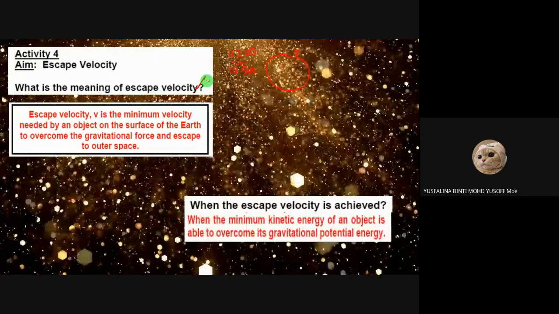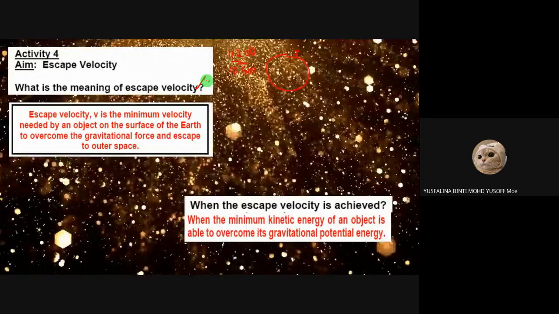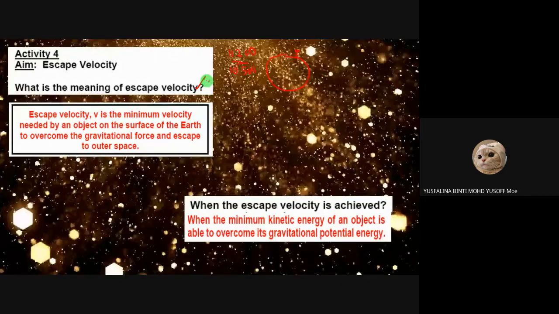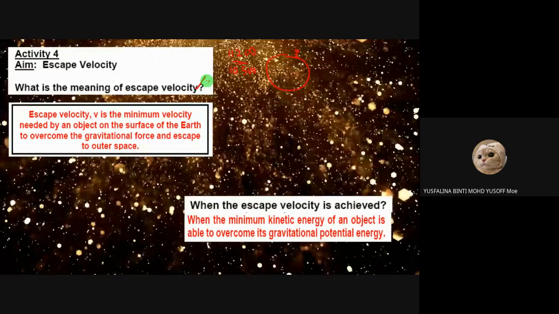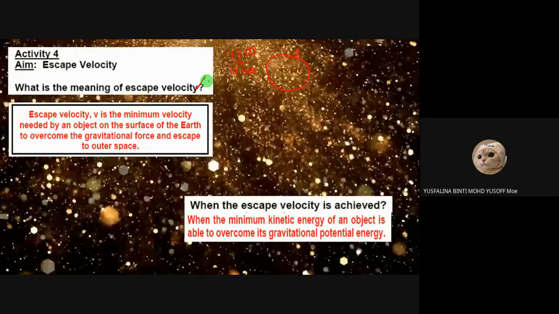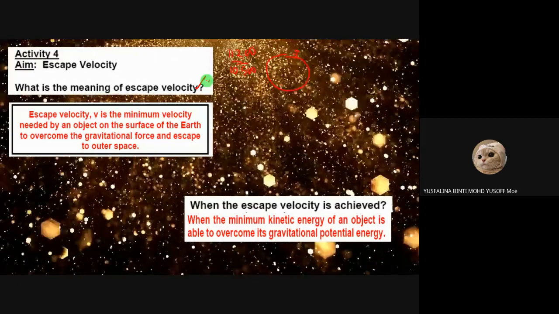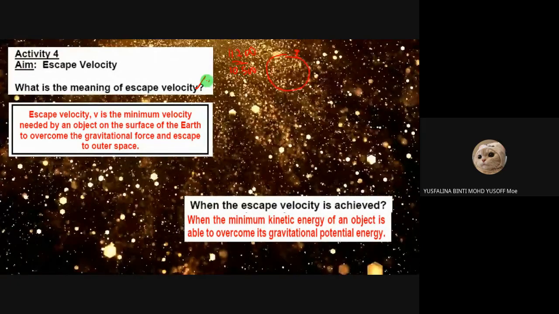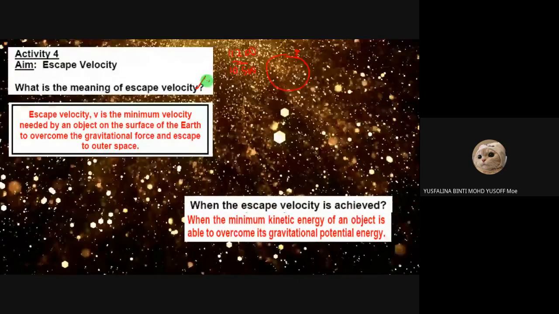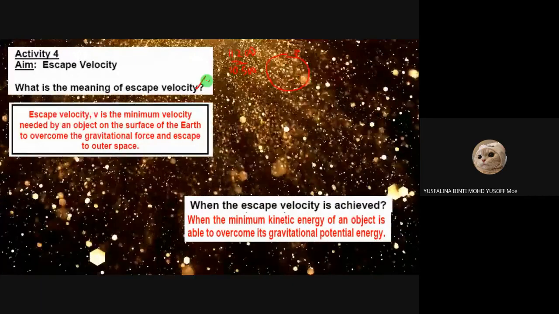The escape velocity is achieved when the minimum kinetic energy of an object is able to overcome its gravitational potential energy. You already know that the gravitational potential energy depends on what? It depends on the position. If you can overcome this gravitational potential energy, you can go to space, but you need to consider the speed, because the energy can be changed.